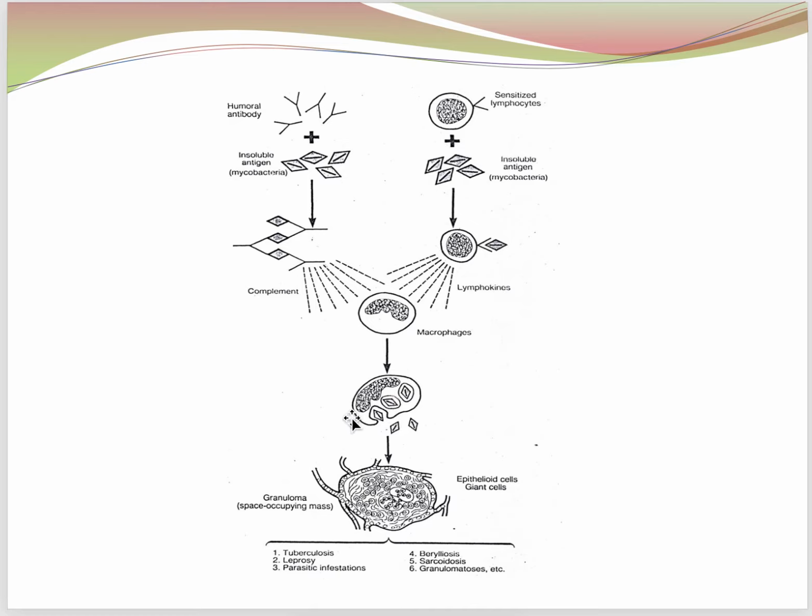But if macrophages fail to do that, they begin to accumulate in those places. Eventually some macrophages transform into epithelioid cells, and the macrophages, epithelioid cells, and also other participants of the immune response eventually can turn into multinuclear giant cells. And this is called granuloma.